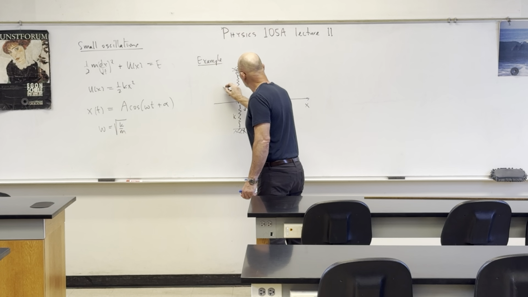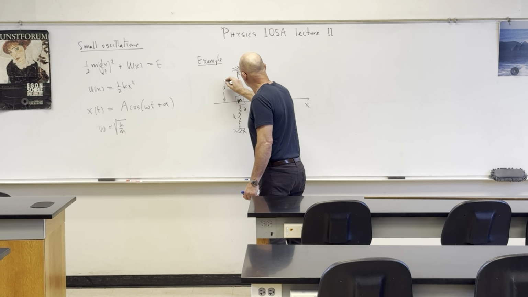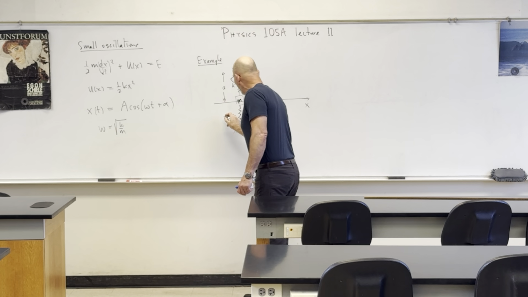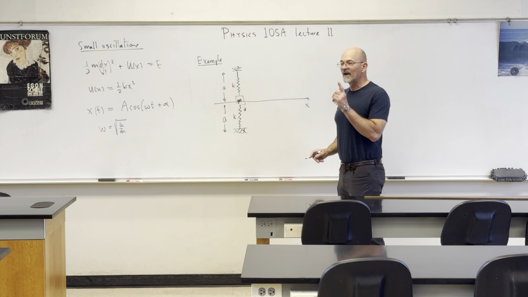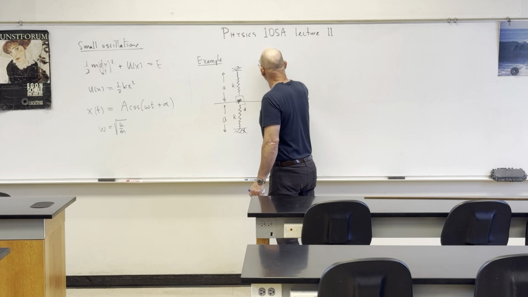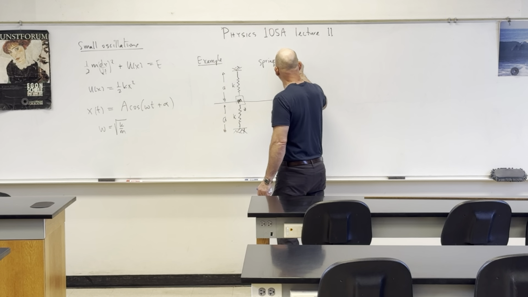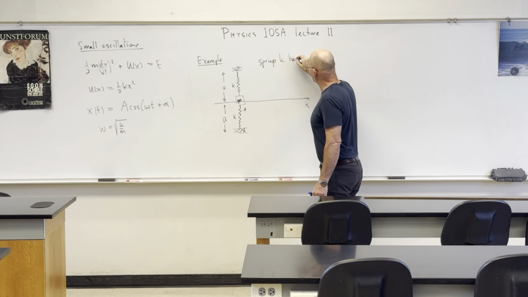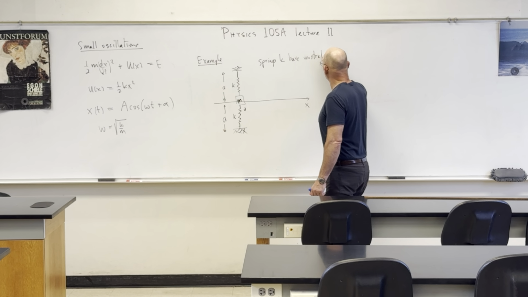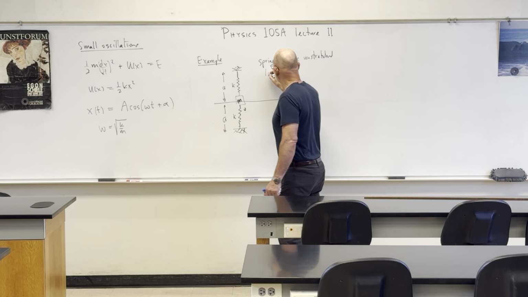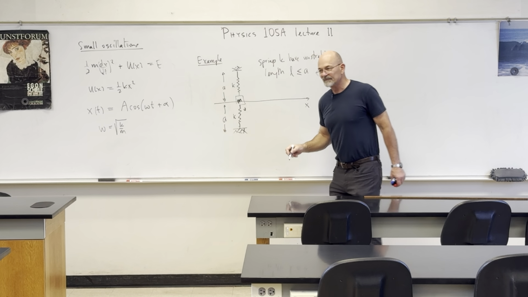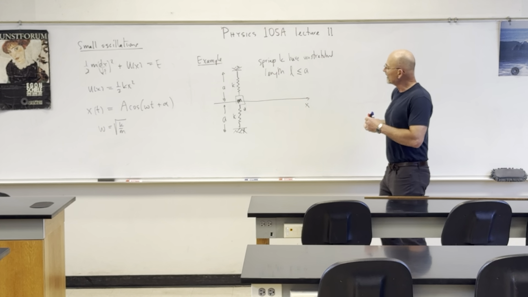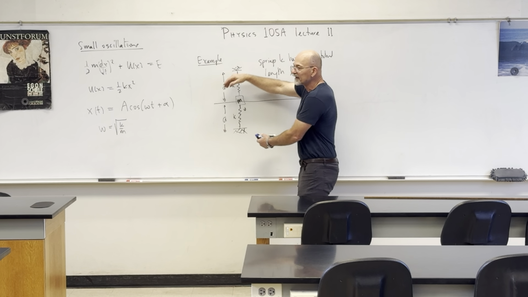Now we have to be careful here. So we're going to have a distance A, but the springs K have an unstretched length L, and we'll say L is less than or equal to A. So if L is exactly A, then I'm just attaching springs here and here, pulling on it.